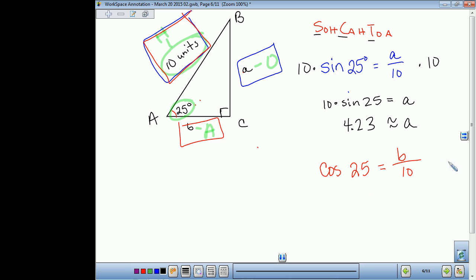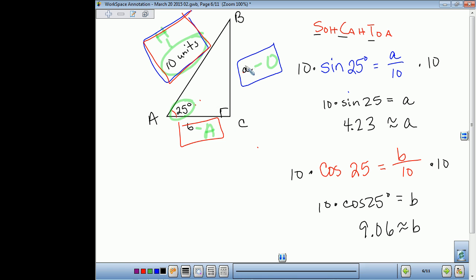So once again, to solve, we simply multiply both sides by 10. And so on a standardized test, this is the exact answer. But when we're working in reality, we'd want the decimal approximation for that. So once you punch in 10 times cosine of 25, we get 9.06 is the approximate length of B.